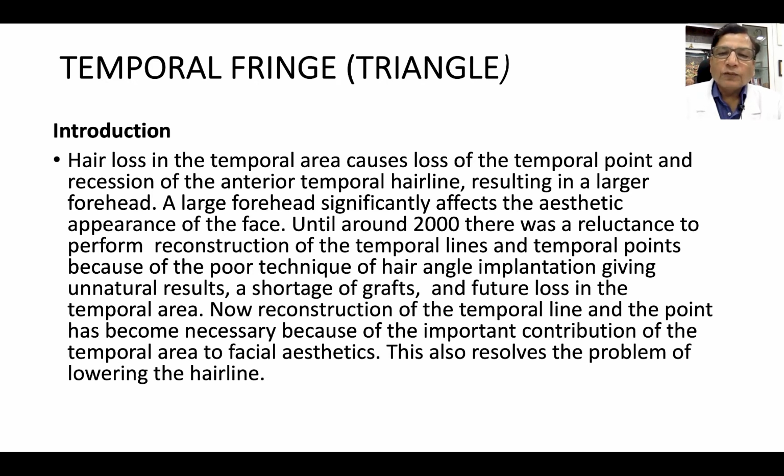A shortage of grafts was there because harvesting techniques were not advanced, and the future loss in the temporal area means you are just doing implantation in the anterior edge of the temporal triangle or fringe, but the posterior part will lose the hair as a part of AGA. Then this reconstructed part will look as an island.